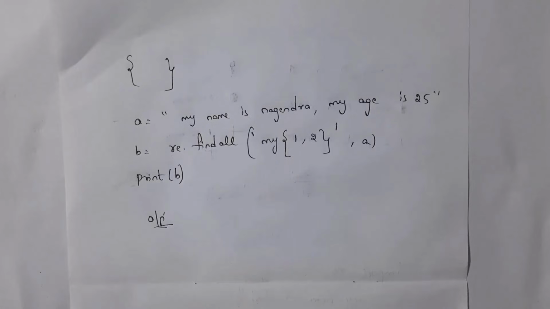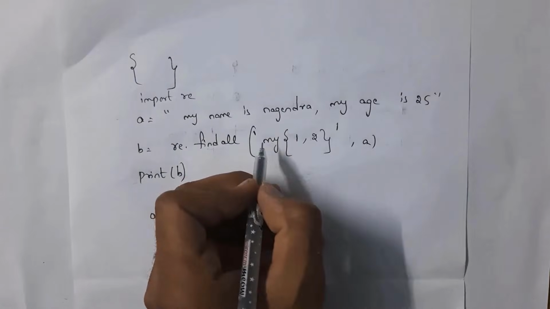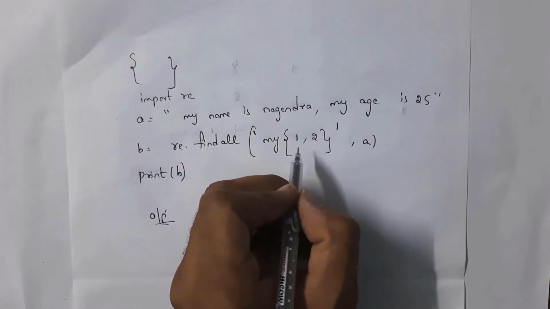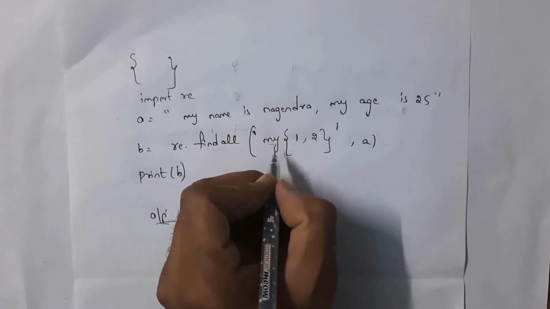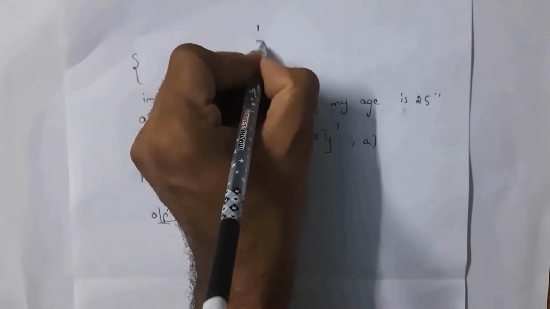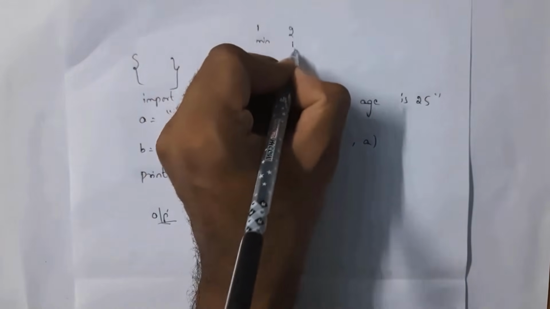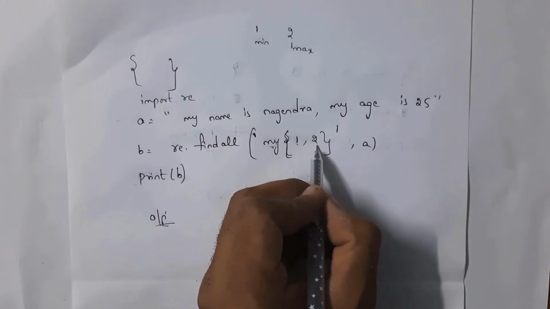Next I will explain what is the use of curly braces. Inside this findall function I wrote my, and as I said before, you need to take the pattern in single quotations or double quotations. So inside single quotations I wrote my because I want to find my. Inside curly braces I wrote 1 comma 2, where 1 is minimum and 2 is maximum. If my is available minimum once or maximum twice, I will get output my.